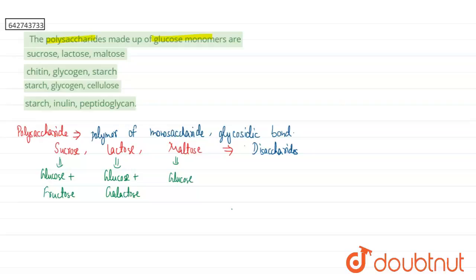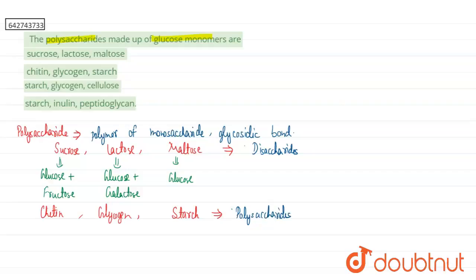Then our second option is chitin, which is present in the cell wall of the arthropods, glycogen, which is the stored food material of the animal, and starch, which is the stored food material of the plants. So these three belong to the polysaccharides.